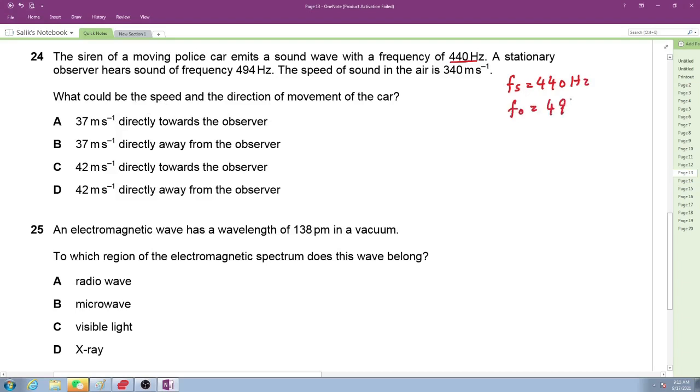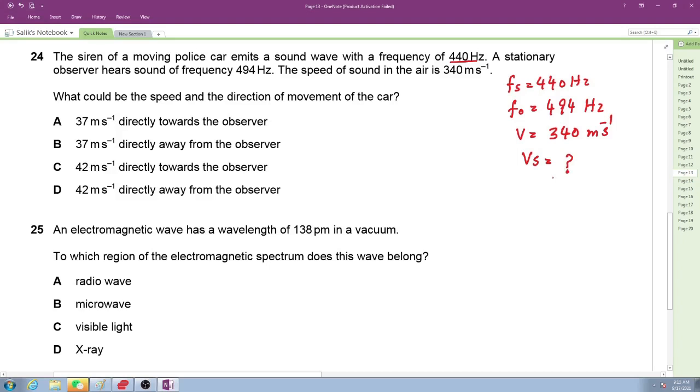This is the frequency of the observer. The speed of sound in air is 340 meters per second. So V is given to us, the speed of sound in the medium, air, is 340 meters per second. What is the speed of the police car? We are going to find the speed of the police car.